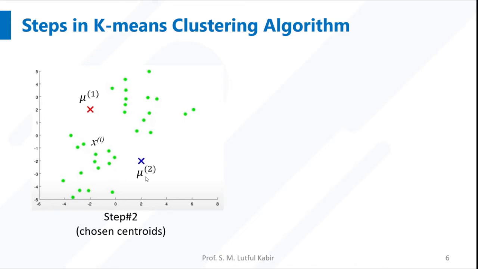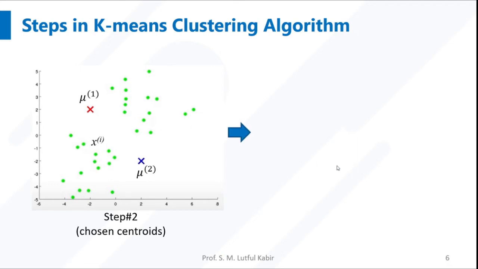So mu1 and mu2 are the centroids. Remember the symbols: mu is the symbol for the centroid, and x is the symbol for data. xi is an arbitrarily chosen i, it can be 1, 2, 3, 4.